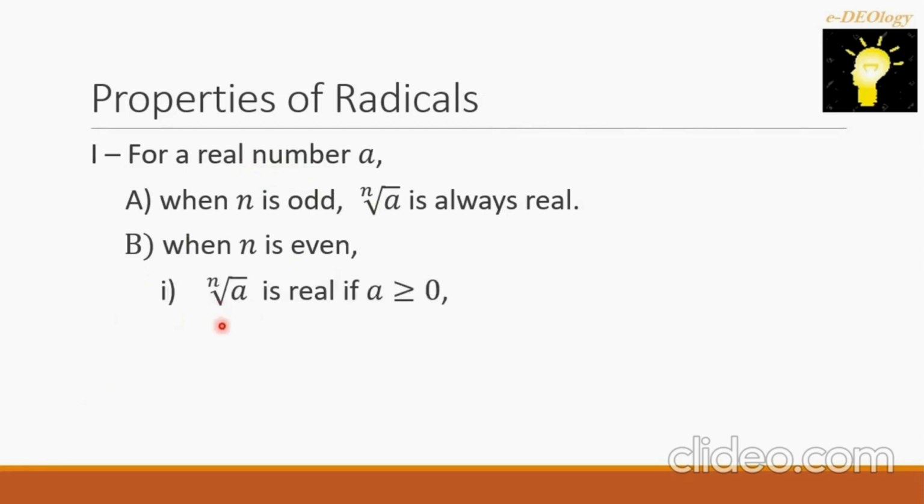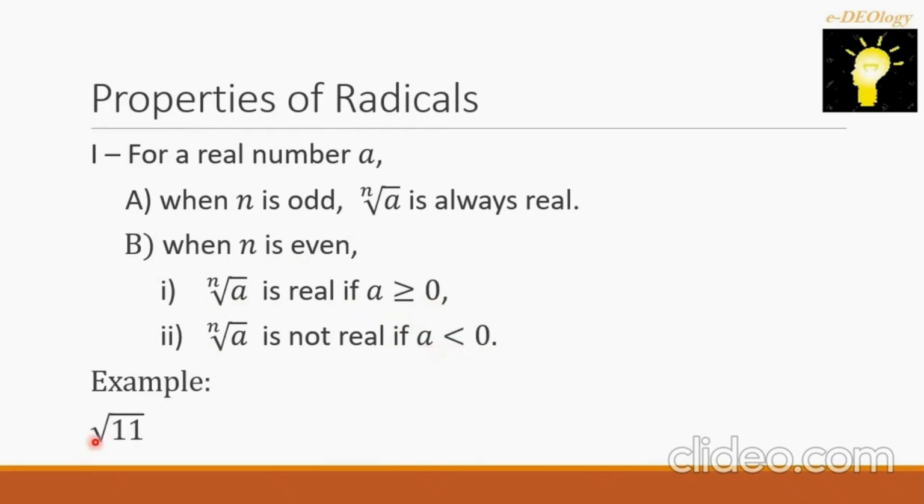First, the nth root of a is real if a is greater or equal to 0. It means the radicand a can be 0 or greater than 0. Another case is this nth root of a is not a real number if a or the radicand is less than 0. In other words, the radicand is negative.